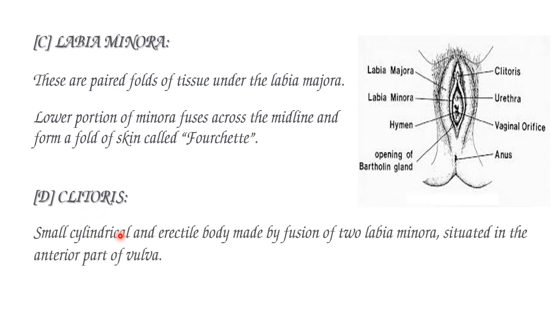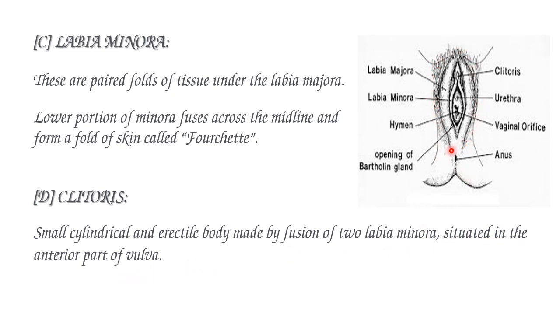Clitoris. A small cylindrical and erectile body made by fusion of the two labia minora, situated in the anterior part of the vulva.